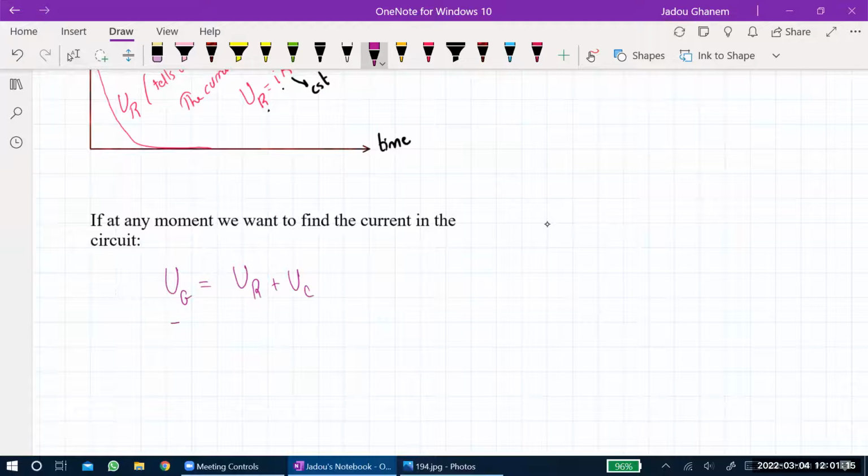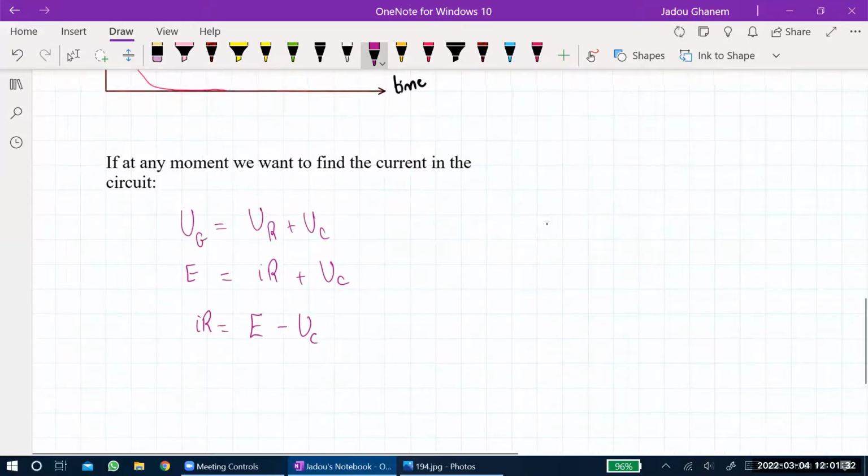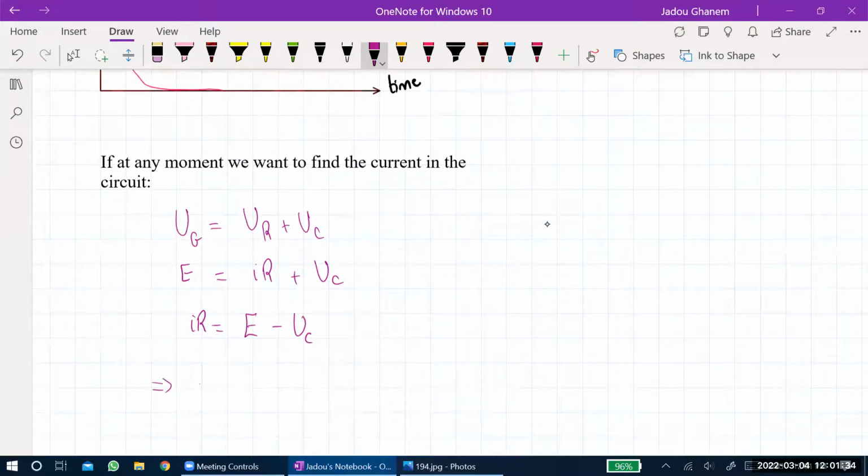U generator, which is E, U resistor I times R, and U capacitor, which is UC. Now we can find I times R, which can be written E minus UC. And then finally, I will be equal to E minus UC over R.